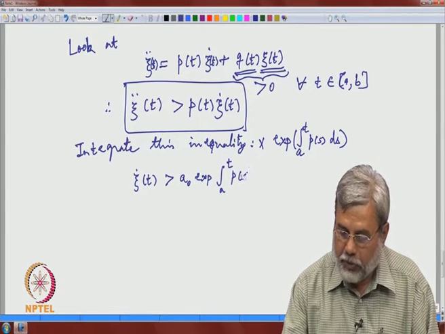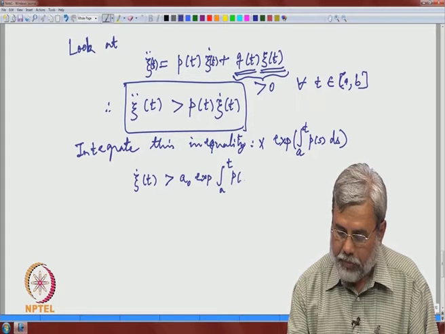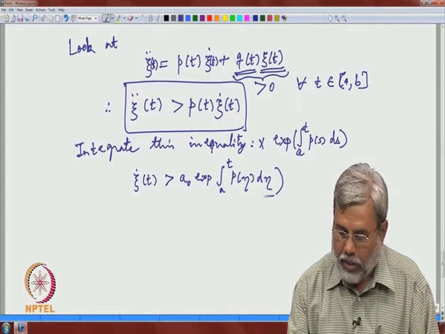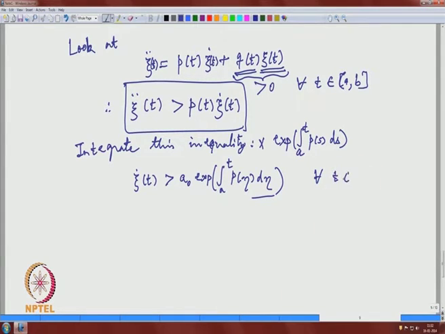So, let me use some other variable, maybe eta d. So, this is true for all t in A B up to B. No problem. Okay. And now, integrate one more time.